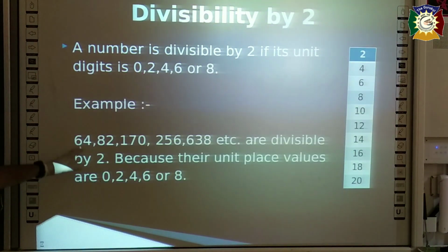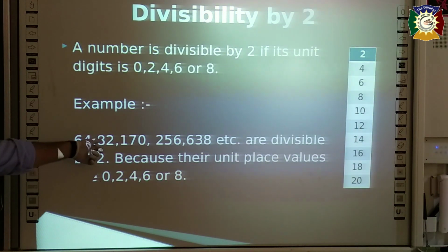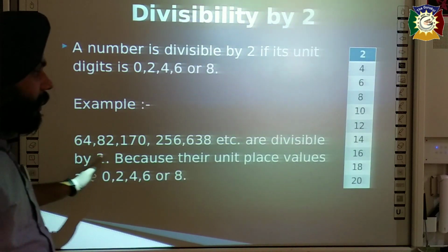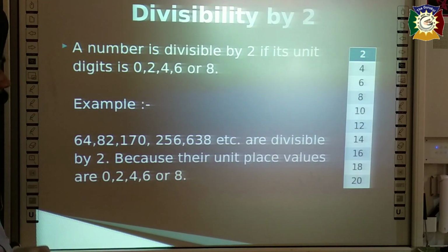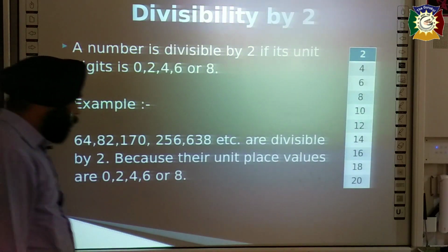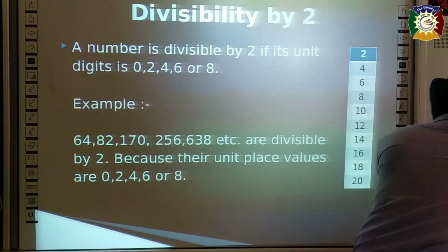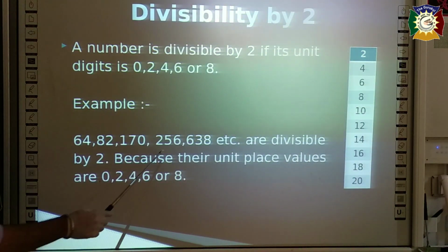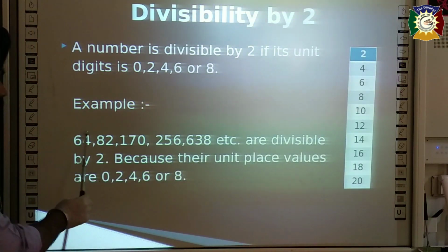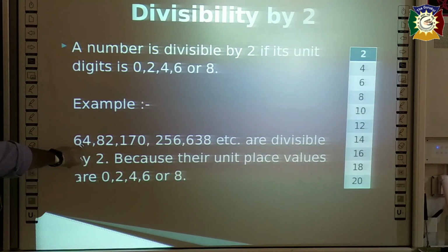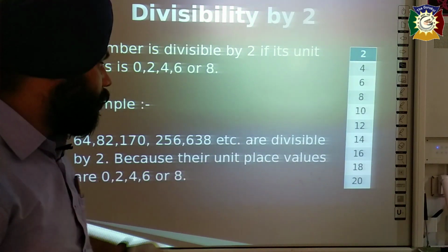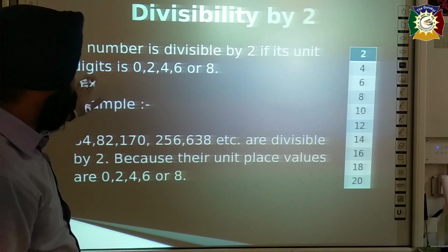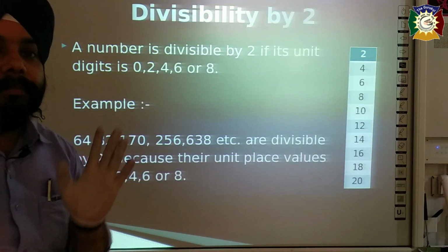For example, look at the numbers 64, 82, 170, 256, 638 etc. They are divisible by 2 because their unit place values are 4, 2, 0, 6, 8, which are even numbers. So any number whose unit place value is 0, 2, 4, 6, 8 is divisible by 2.